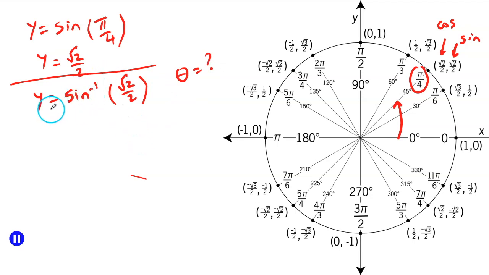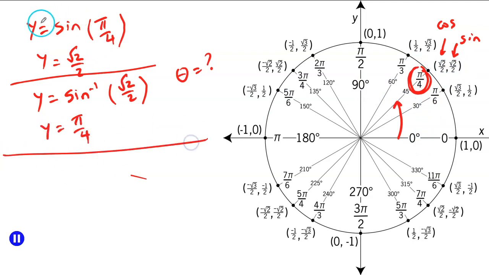So the question is, what is my angle when my sine is square root 2 over 2? So I go to square root 2 over 2 and I search for the angle. So my answer here is pi over 4. So this is my regular function, this is my inverse function. I'm going backwards.